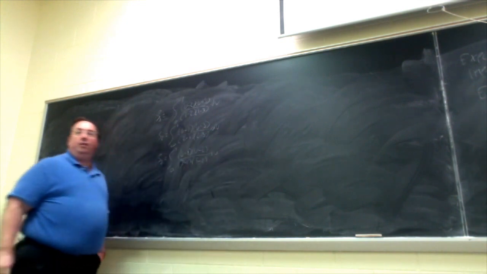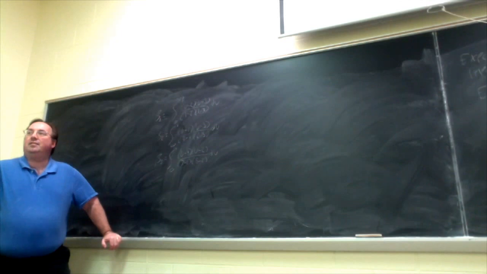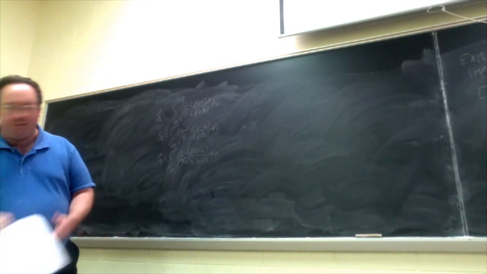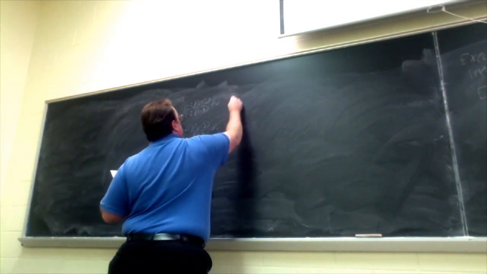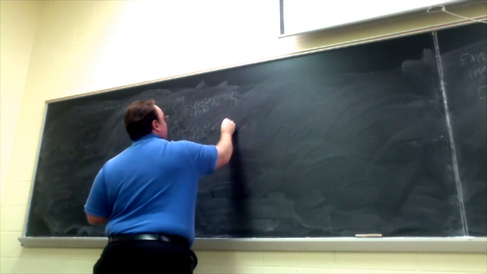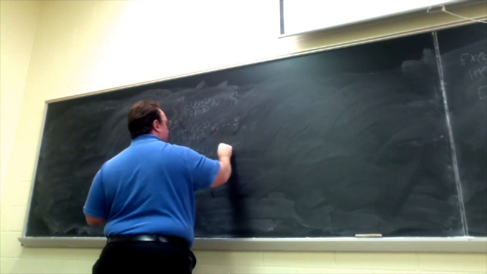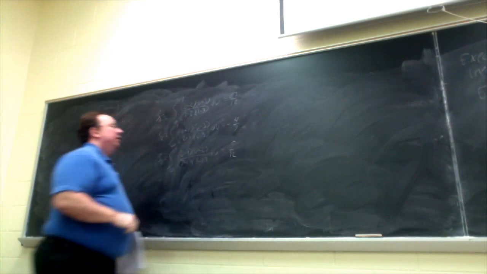Okay, so questions about where these came from? Okay. So then just go ahead and evaluate these integrals, and what you get is 23 over 12 in this case, and then minus 4/3 in that case, and then 5/12 in this case.